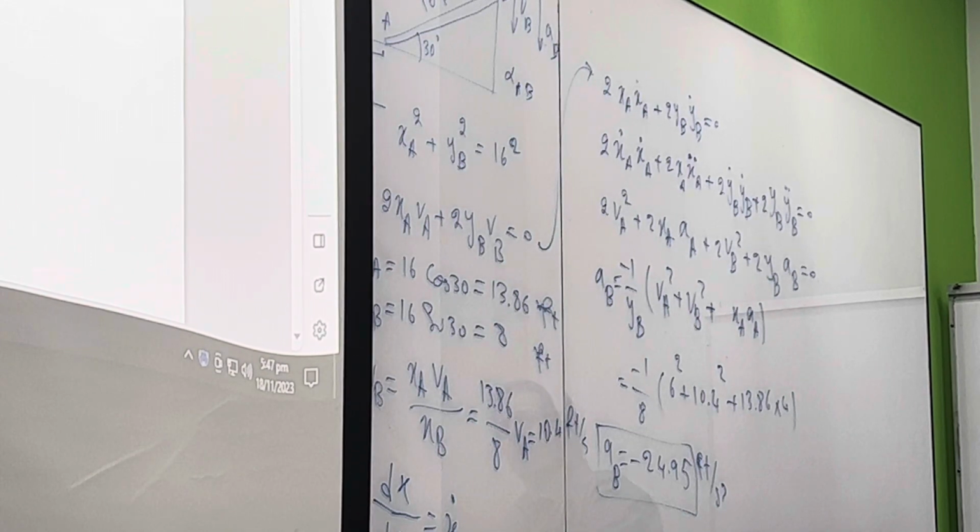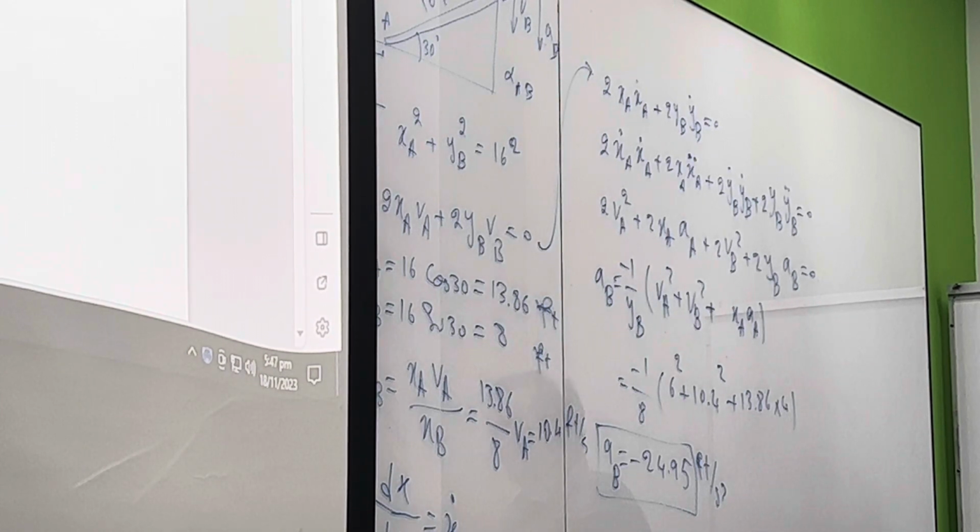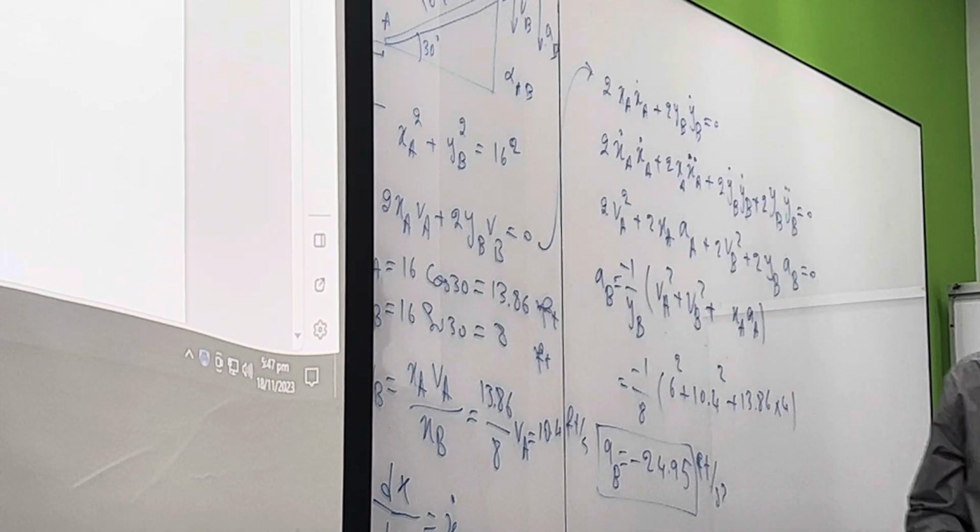Question, how can I find alpha? Answer, instant center of rotation.